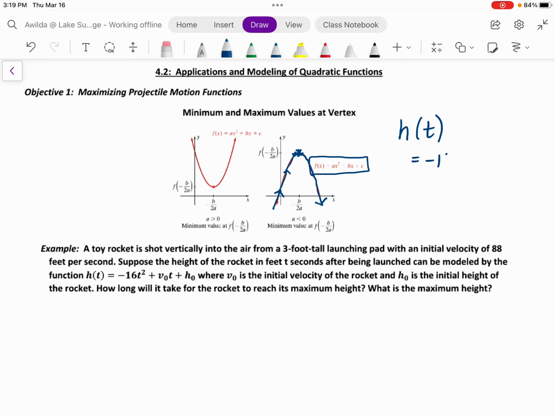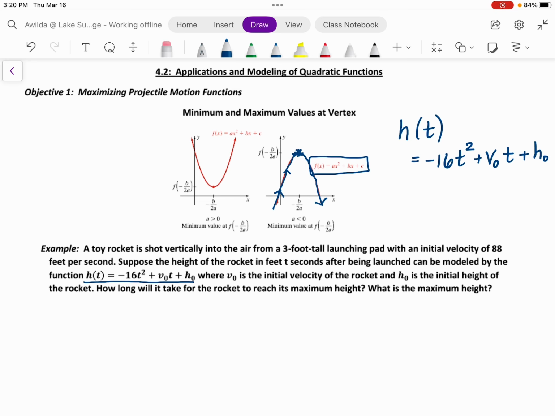It's negative 16 times t squared plus the initial velocity, which we'll label as v sub 0, times t, plus the initial height, which we'll label as h sub 0. We see the equation here in our first example as well.